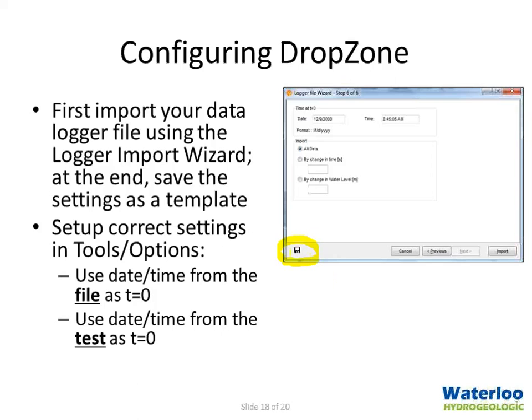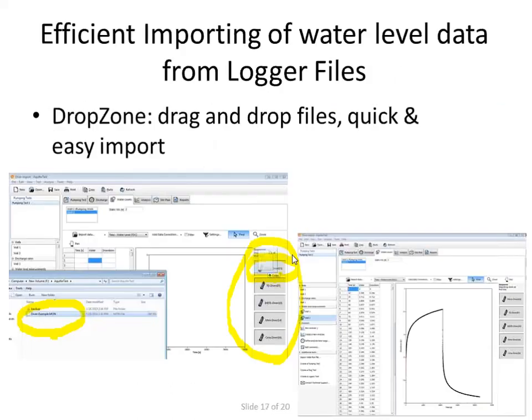So if you go through and save your logger wizard template as a file called test, that new test template will appear on the DropZone panel with the name test in the panel shown here. Once that panel is there, you simply can drag any additional files onto that panel, and the program will import it automatically for you.